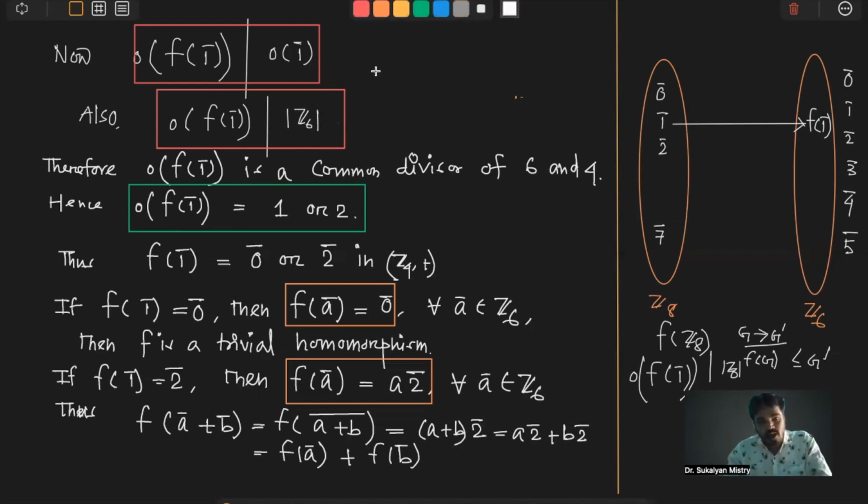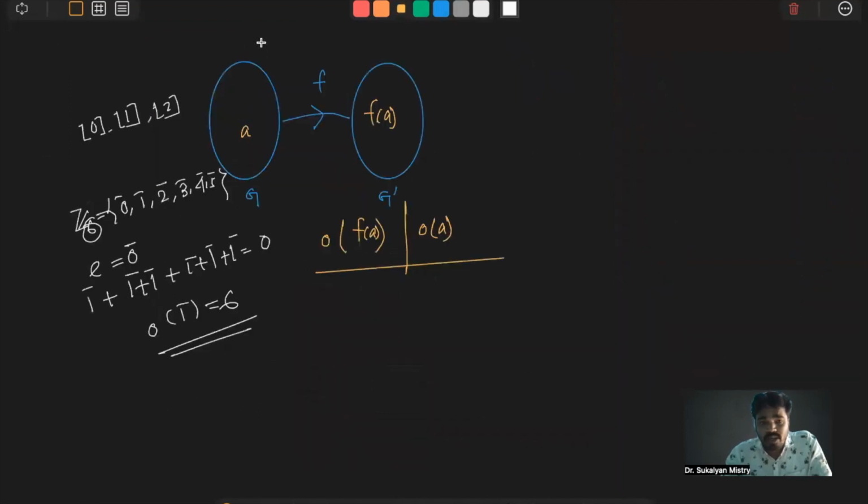Now see, the order of 1 bar in Z8 is 8, and the order of Z6 is 6. So what are the common divisors of 8 and 6? What are the divisors of 8? 1, 2, 4 and 8. What are the divisors of 6? 1, 2, 3 and 6.